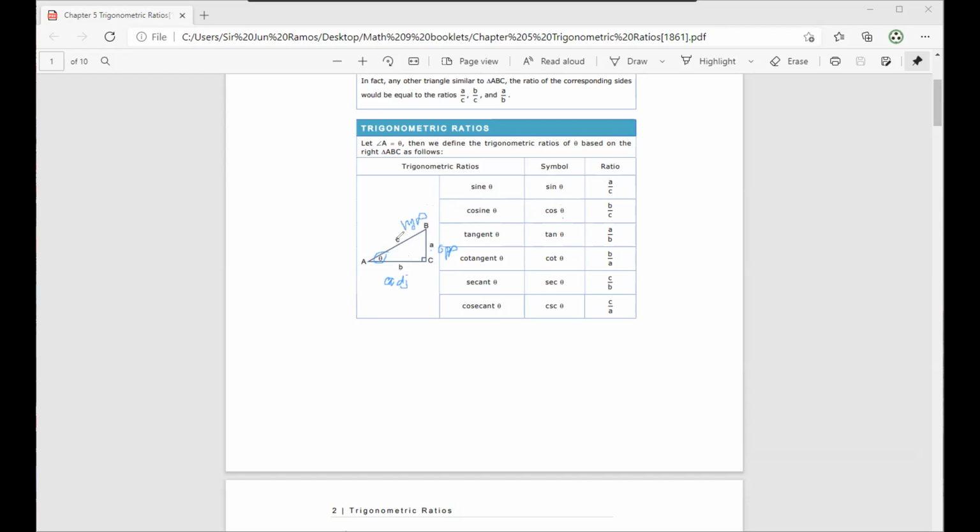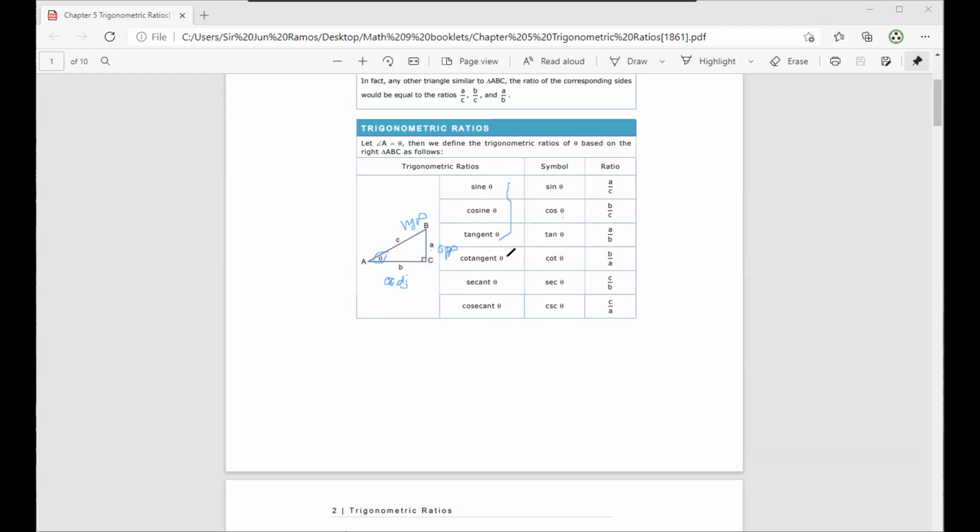And tangent theta, abbreviated as tan theta, is actually the ratio A over B, or that's opposite over the adjacent side. Now, these are the basic definitions. Sine theta is opposite over hypotenuse, that's A over C. Cosine is adjacent over hypotenuse, and then tangent is opposite over adjacent.